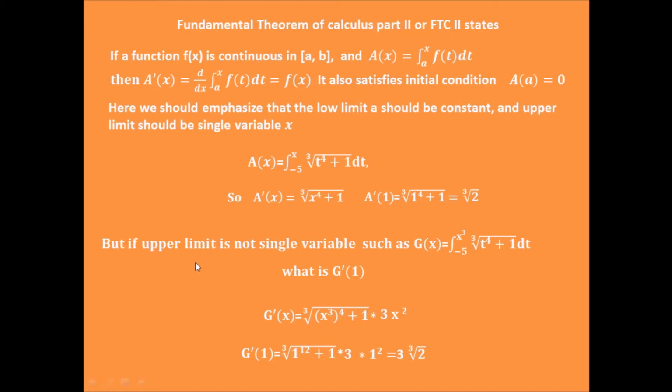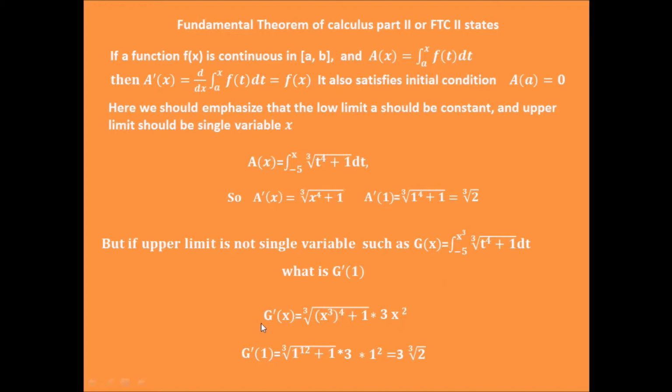However, if the upper limit is not a single variable, such as g(x) equals the integral from minus 5 to x cubed, in this case we can treat x cubed as a single variable. Then we can take the derivative on this part, just like a compound derivative.